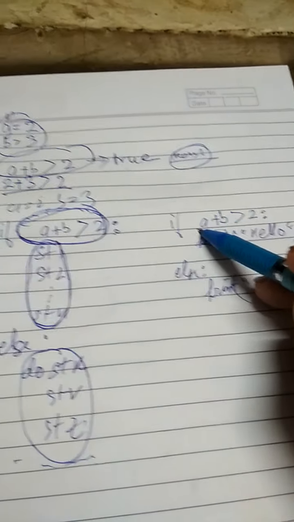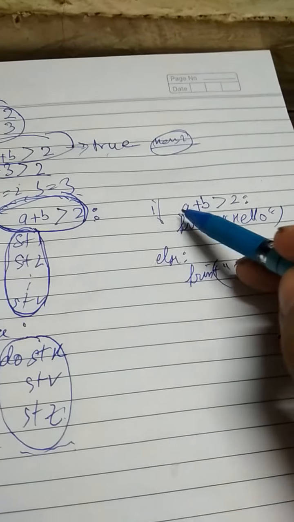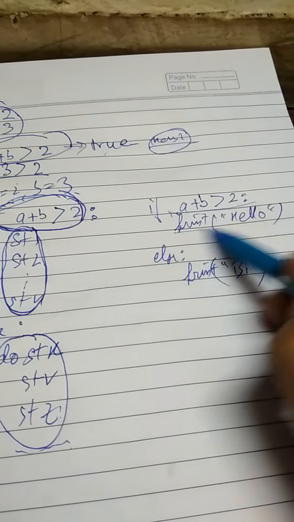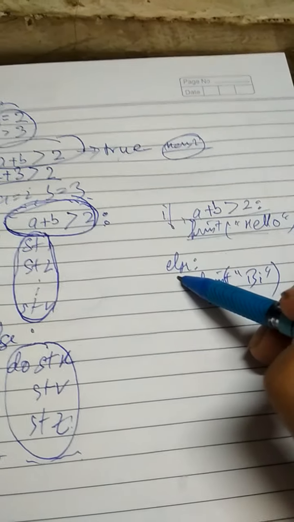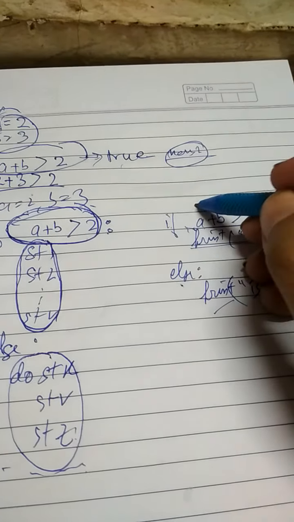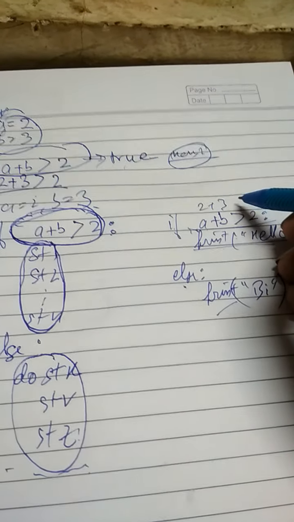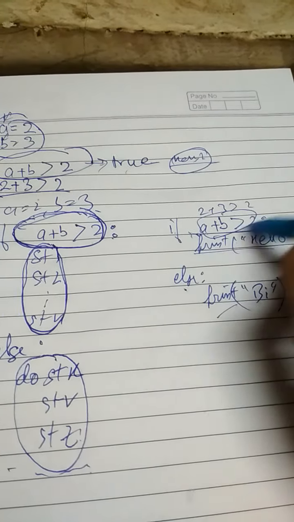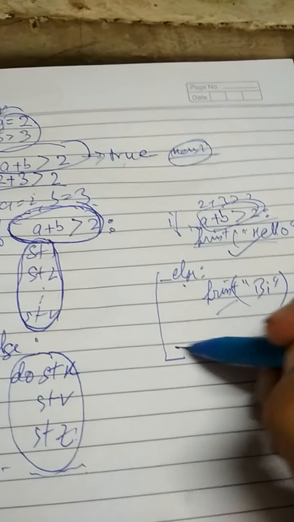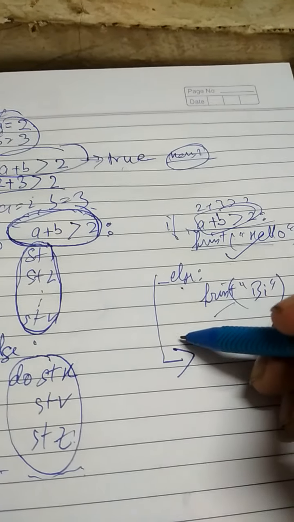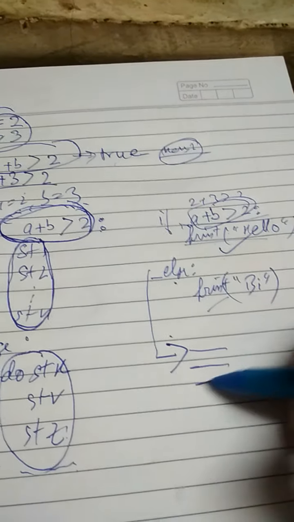So if a is equal to 2 and b is equal to 3, if this statement is true, then do this. If it is not true, then do this. This is what we mean by an if else statement. So 2 plus 3 is greater than 2. This is true. So we will execute this statement and we will not do this. Then we will come to the next statement after the else. We will continue with our program.